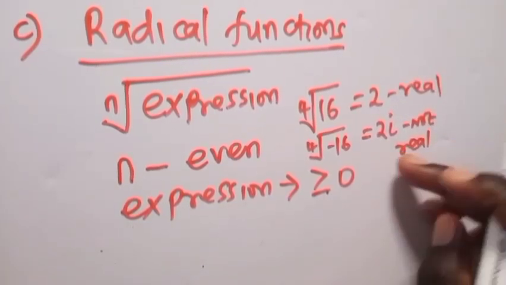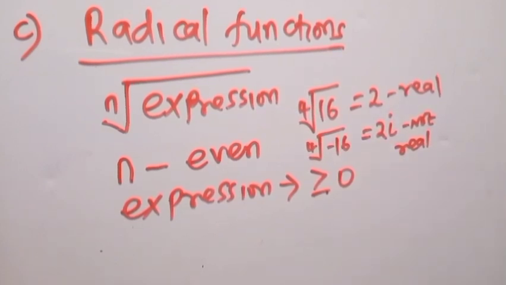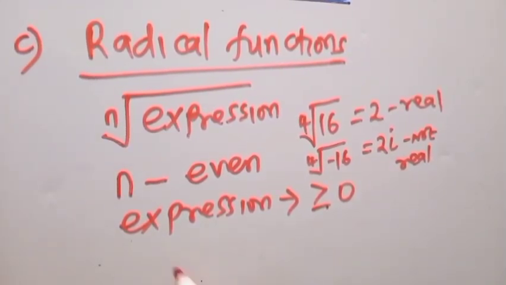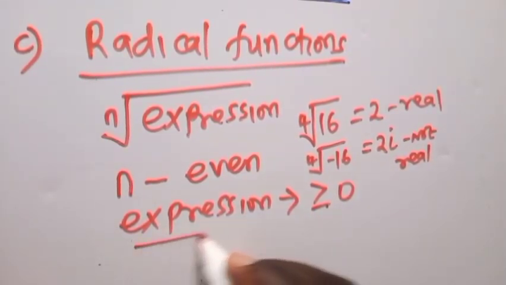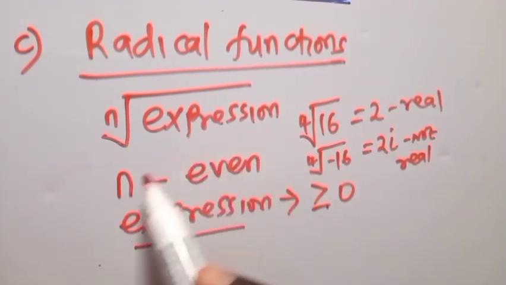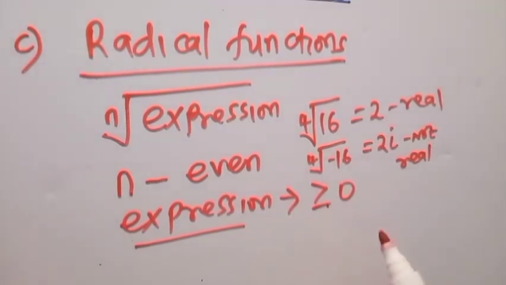This one is a complex number. It is not a real number. Therefore, we can conclude and say that the expression that is under the root sign, if the index is even, should be greater than or equal to 0.